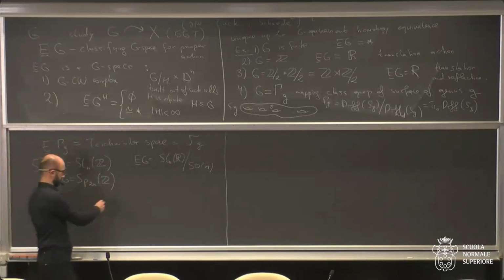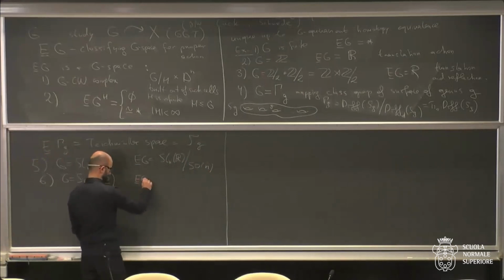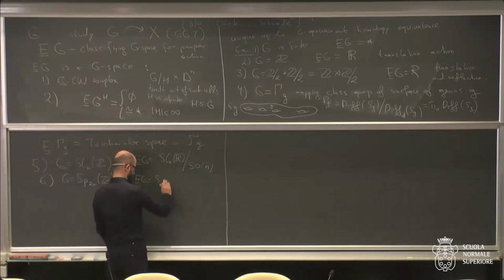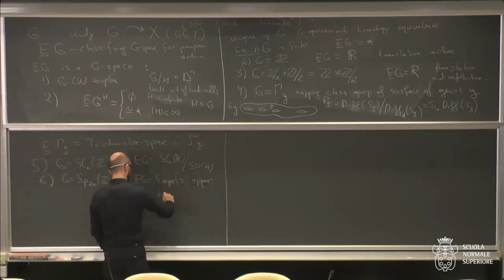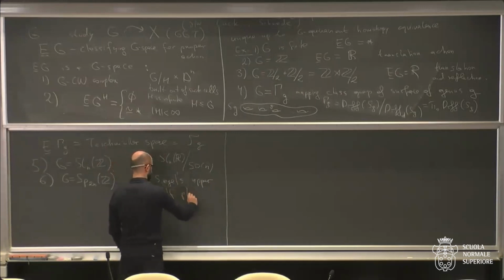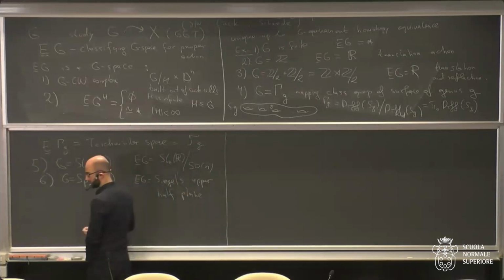So if you take something like that, then E-under-bar G is the so-called Siegel upper half plane. Okay, so that's a variety of examples. I could go on and tell you more, but this now convinces you that E-under-bar G is an interesting space to study.